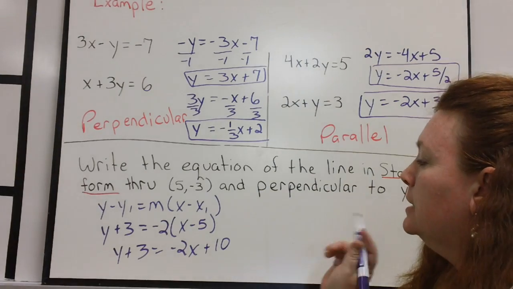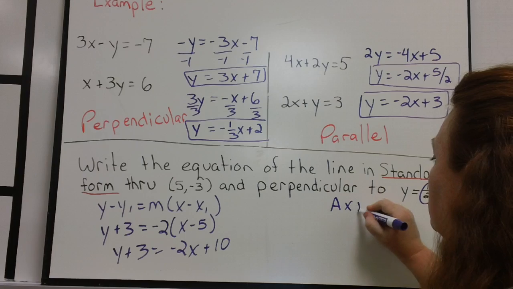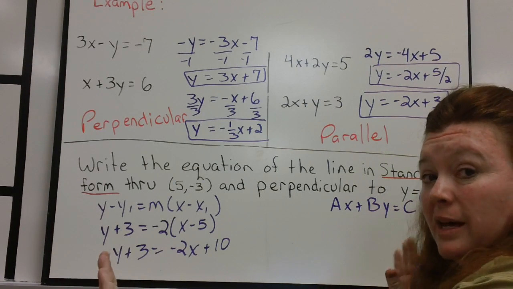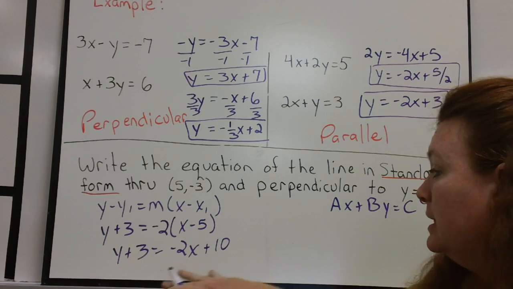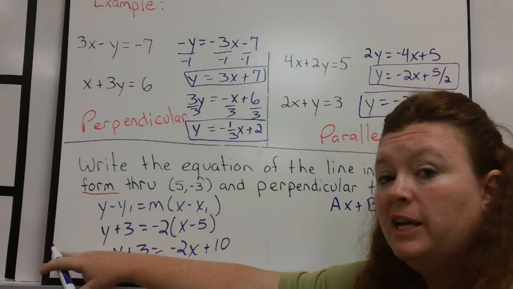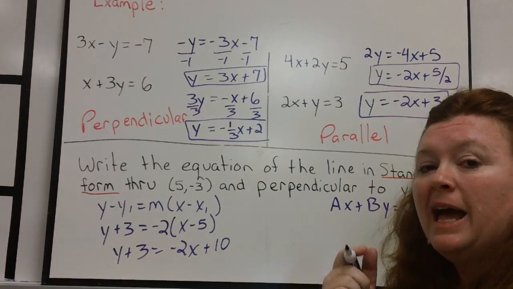And I need standard form, and standard form says I want the x and the y together on one side and the constants on the other. So first this 3 needs to come over here, and also this negative 2x needs to come back over here with the y.